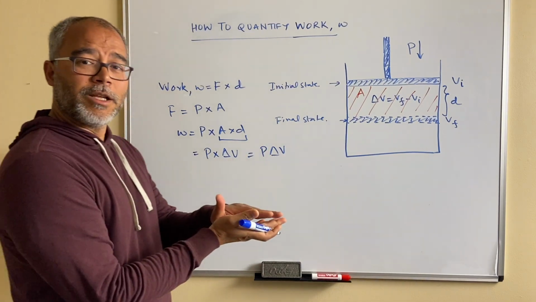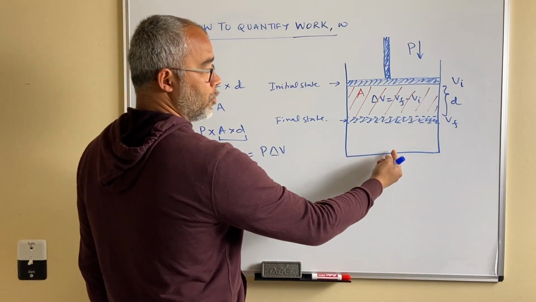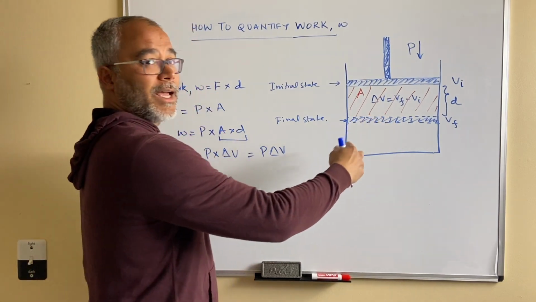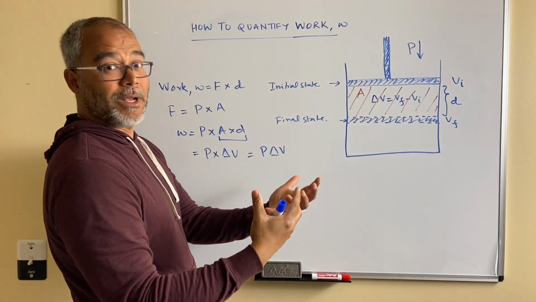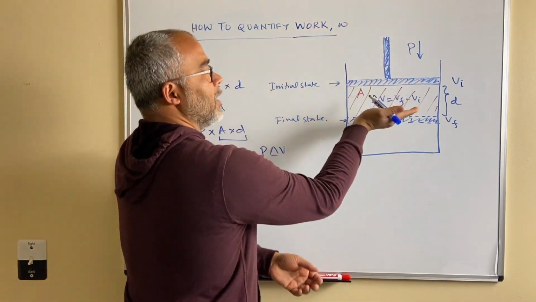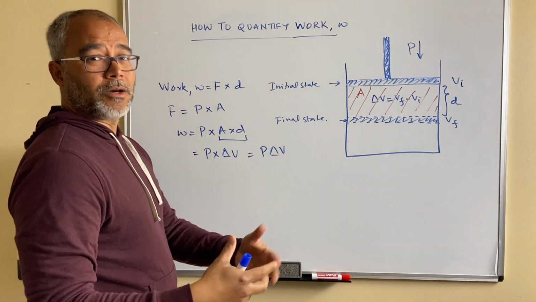Now, what if the piston expanded, okay? Which means that you heated up the gas out here, and the heat caused the gas molecules to move around more rapidly, causing the piston to go up. If it expanded, then the system is doing work on the surroundings.